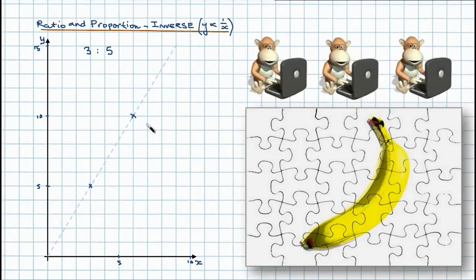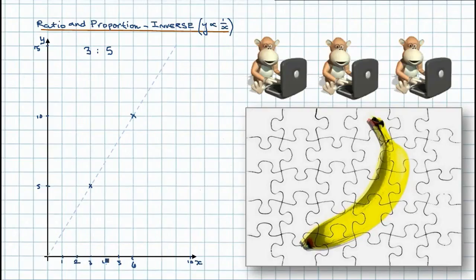Okay, 5 days to solve the problem. So if it takes 3 monkeys 5 days to solve a problem, how many days would it take for our 6 monkeys? So 6 here. 1, 2, 3, 4, 5, 6.